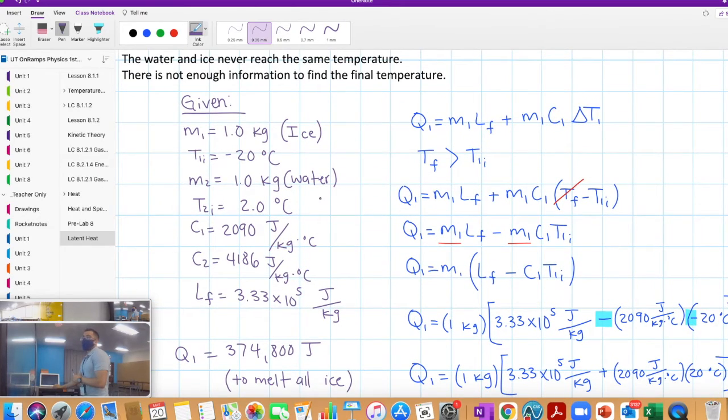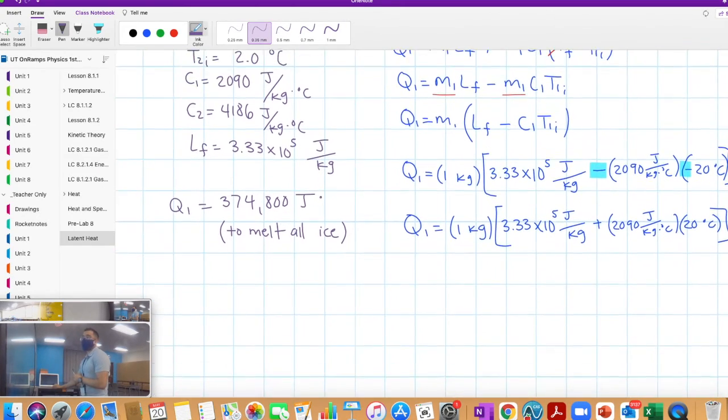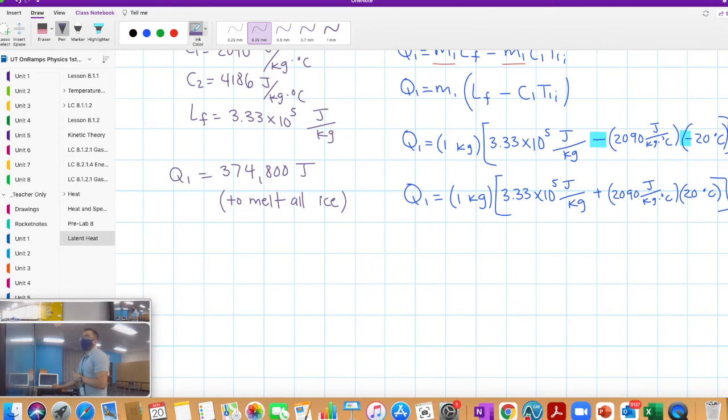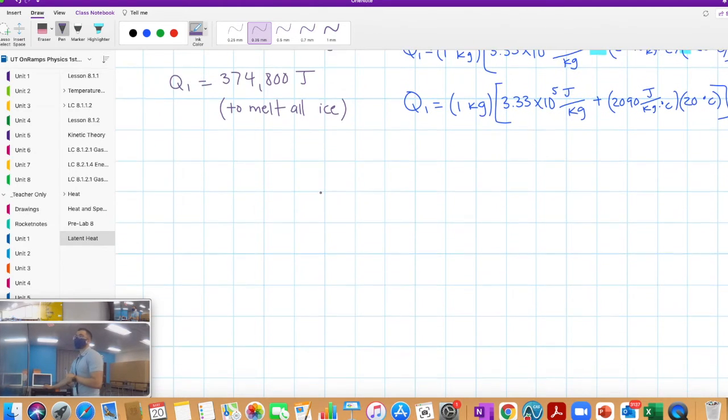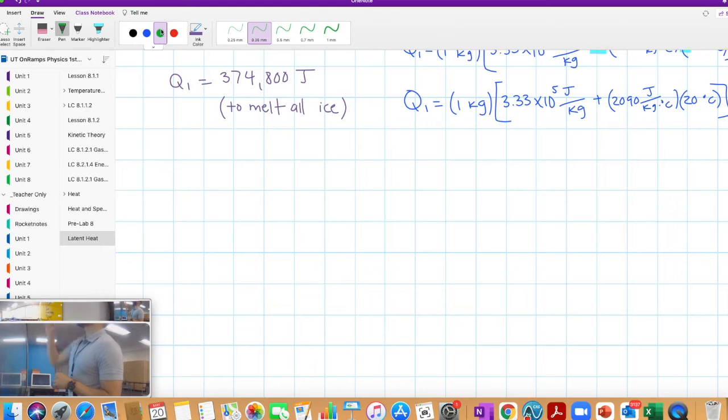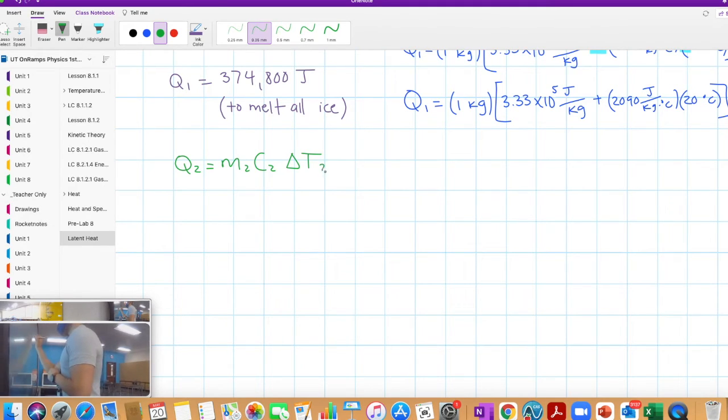Now we're going to be looking at the water. Of course, the water is not going to undergo a change of phase because we know that heat flows from hot to cold. So only the water will give energy, or will transfer energy to the ice. So here's green. Q2 equals mass 2, specific heat of water, times the change in temperature 2.